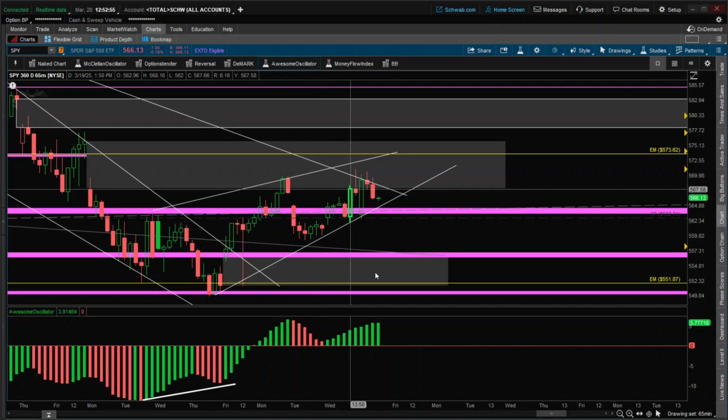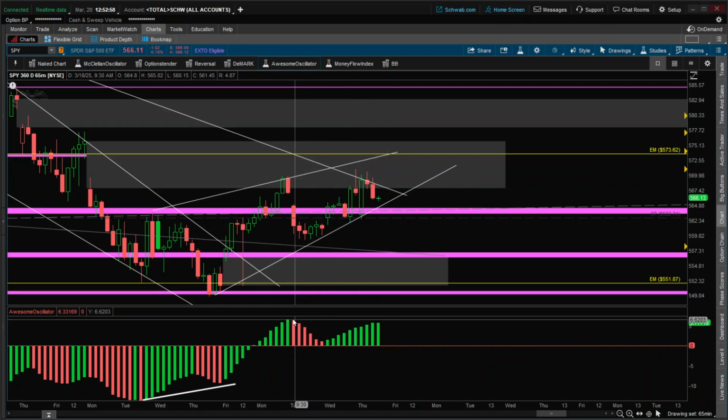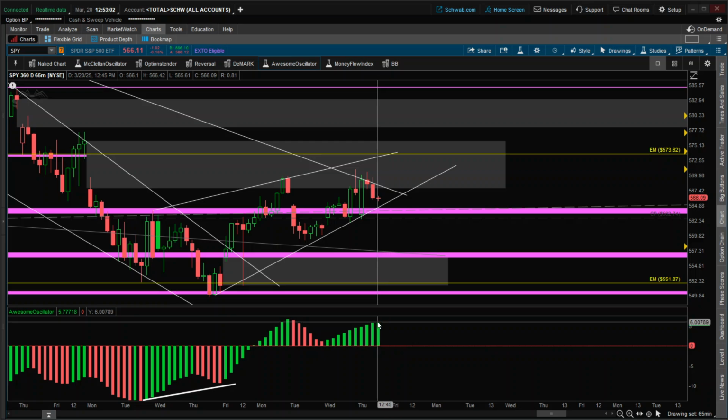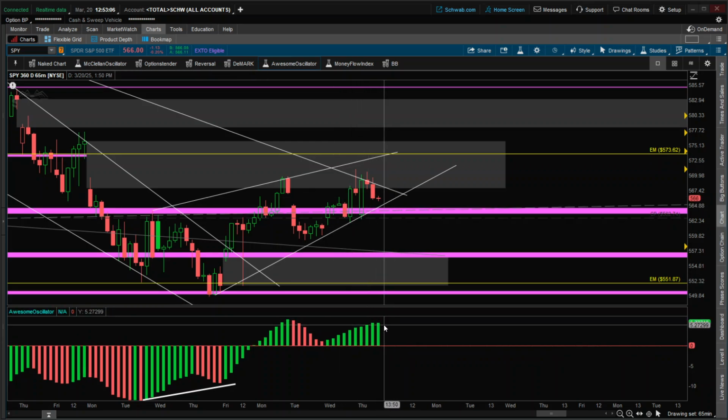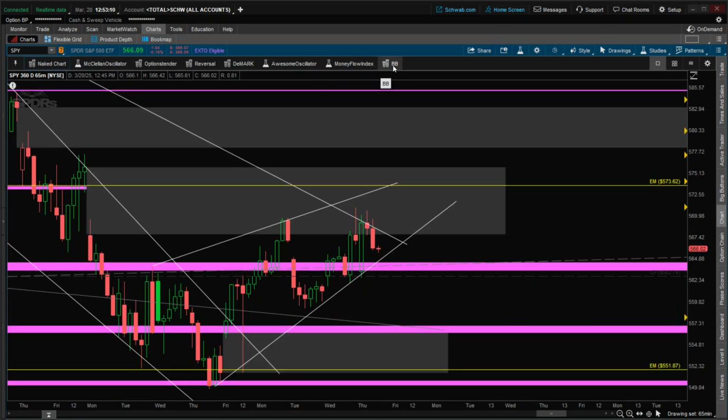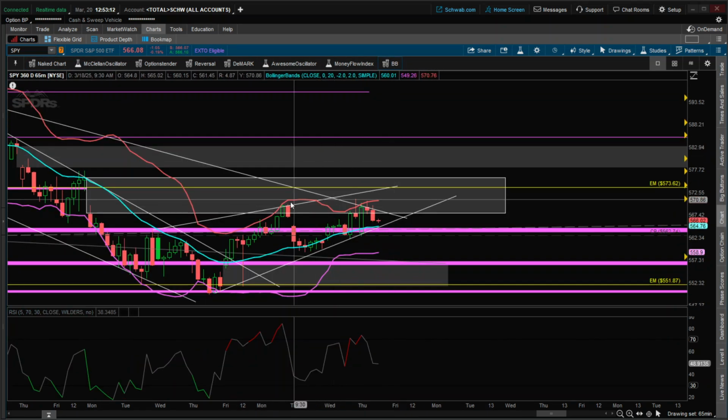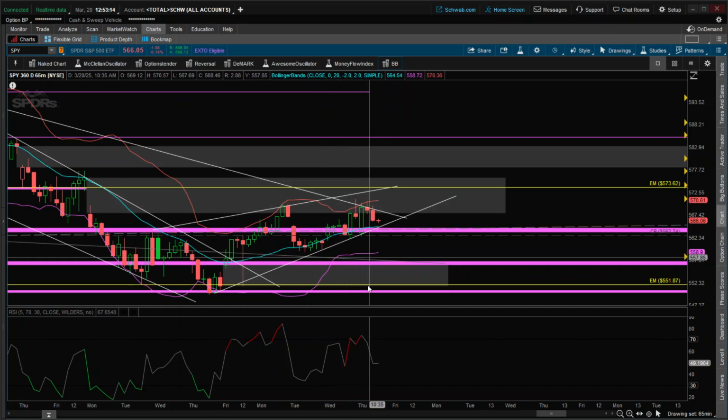Awesome Oscillator, positive situation. And again, this is showing negative divergence at this point, but we're in a neutral state. I think this is going to burn through and it's going to head higher on the upside. We're in a positive zone right now. Bollinger Band, we just tested the top. We were overbought.